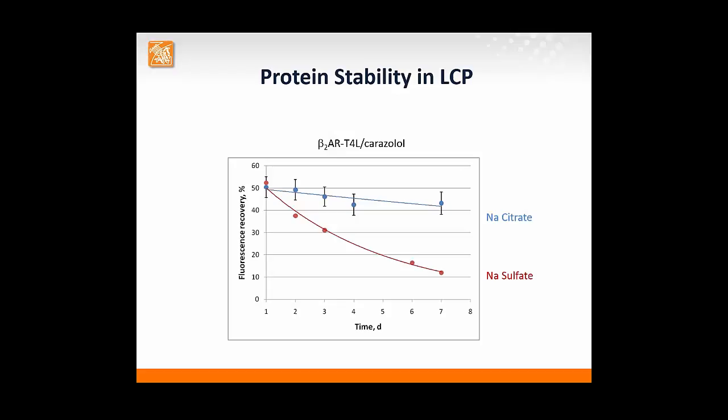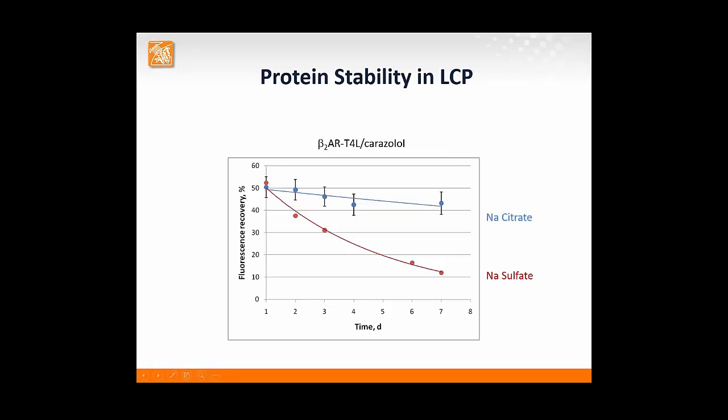For example, in this case, for sodium sulfate, diffusion of protein was decaying fast in time, and after 7 days, there was almost no diffusion, and crystals didn't grow past 7 days. Whereas in sodium citrate, there was still pretty high diffusion even after 7 days, and crystals continued to grow even after 7 days.